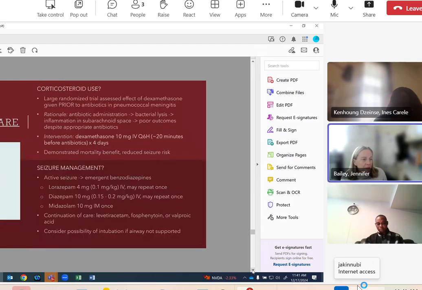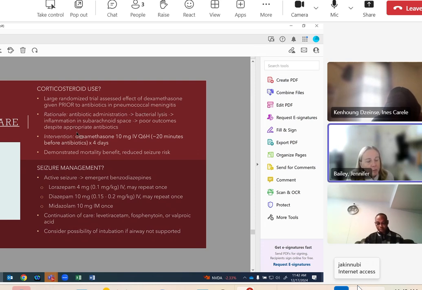The last thing from a drug standpoint is that some patients, in addition to their antibiotics, might be given corticosteroids. Corticosteroids, specifically dexamethasone, has been studied in patients with meningitis caused by strep pneumonia, which is pneumococcal meningitis.